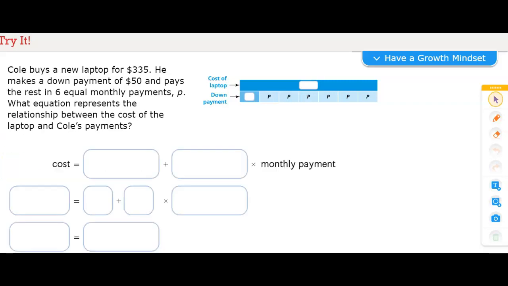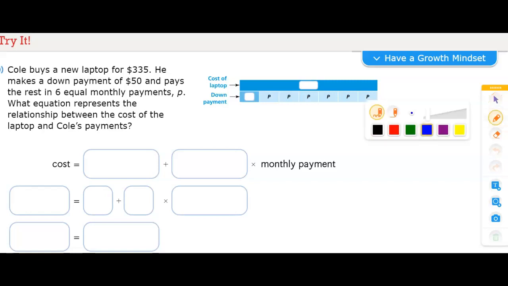Cole buys a new laptop for $335. He makes a down payment of $50 and pays the rest in 6 equal monthly payments, P. What equation represents the relationship between the cost of the laptop and Cole's payments? We need to identify important information.